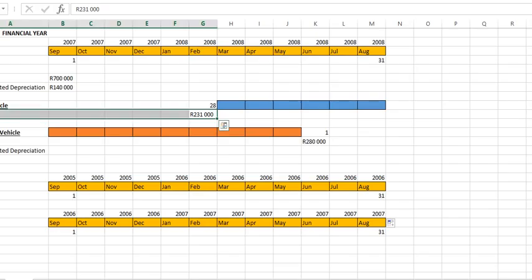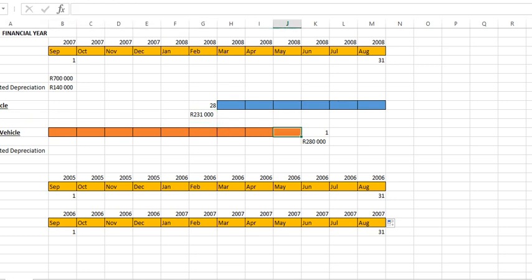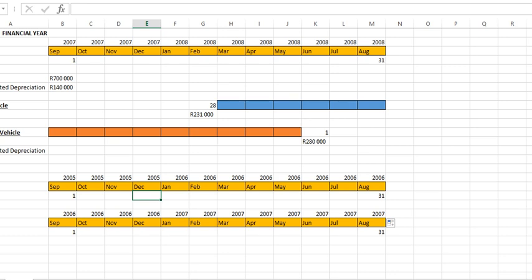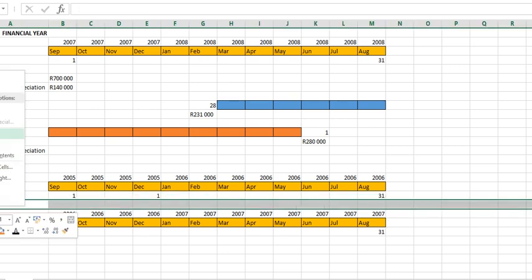Okay, so here we're now on the 1st of June 2008, and the original cost price of this vehicle was 280,000 Rand, and we sold this vehicle on this day. We bought this vehicle originally on the 1st of December 2005.